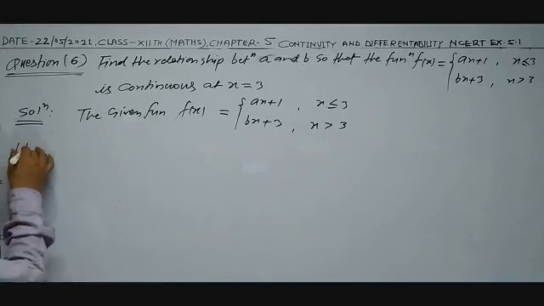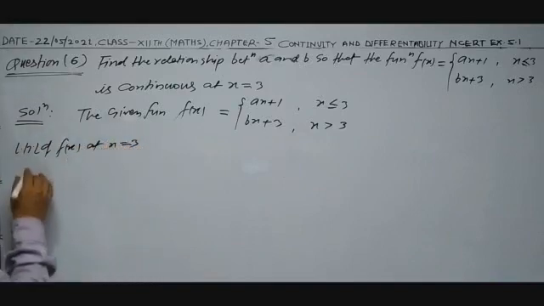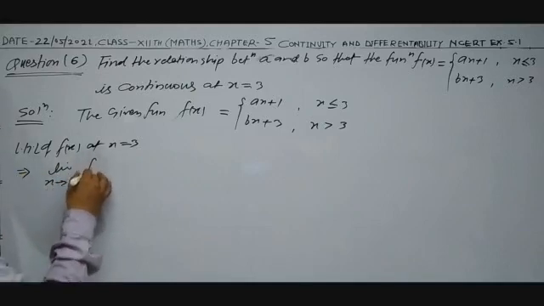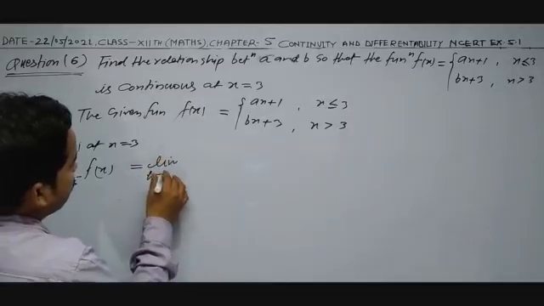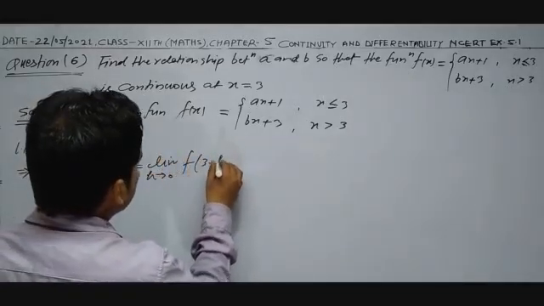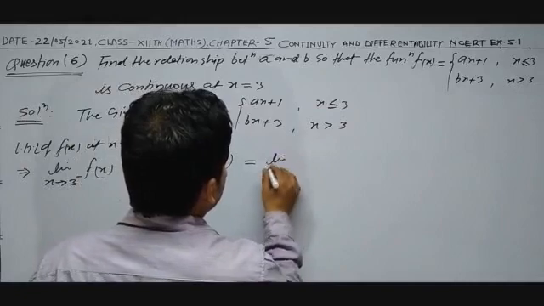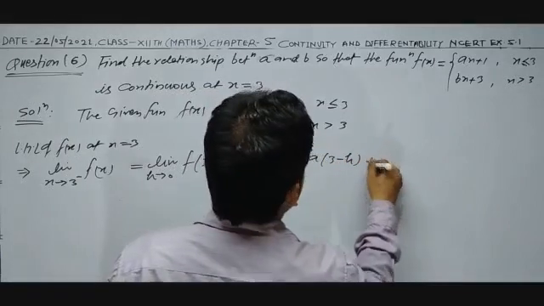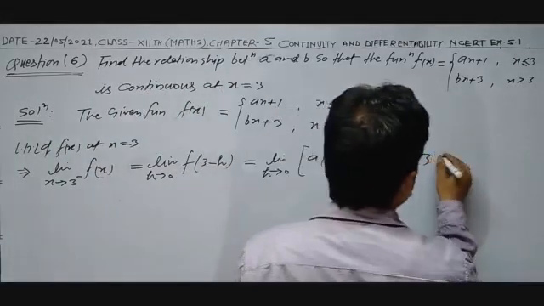LHL of f(x) at x equal to 3 implies limit as x tends to 3 minus of f(x) equals limit as h tends to 0 of f(3 minus h). Less than 3 will be here, so limit as h tends to 0 of a times (3 minus h) plus 1, and its result as h tends to 0 will be 3a plus 1.